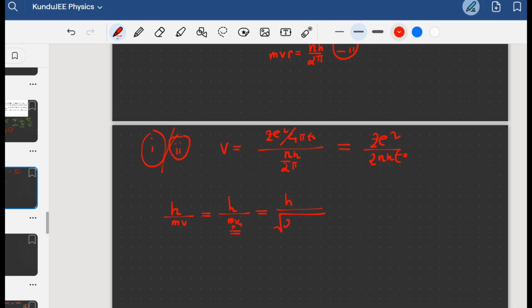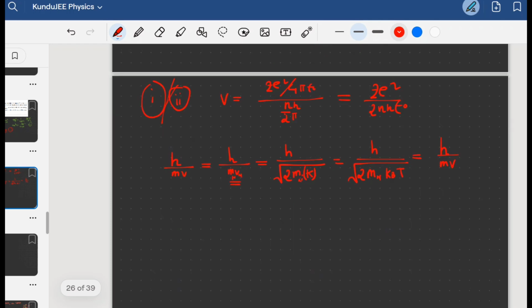We can directly write that as root of 2mK, where K is the energy of the neutron and that energy is given as kb into t. So we can directly put root of 2 mn kb into t, where mn is the neutron mass. That will be equal to the de Broglie wavelength of the electron, that is h by mv.